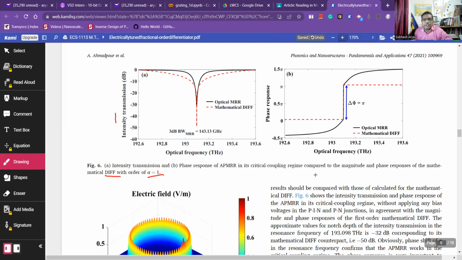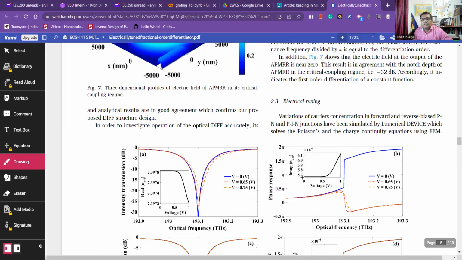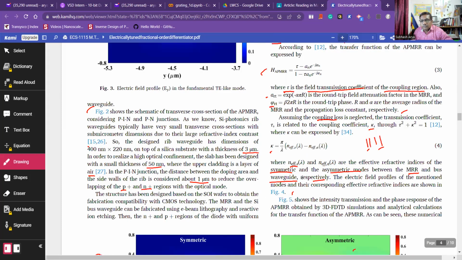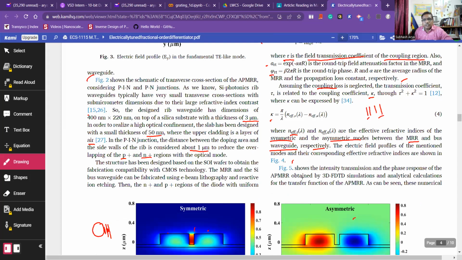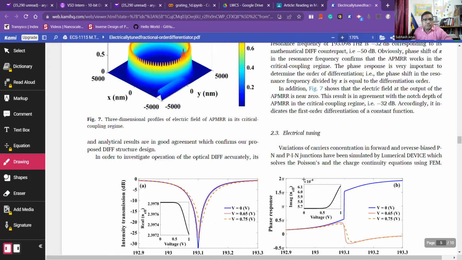Now this is critical coupling, exact coupling, 100%. 3 dB bandwidth. And we see the numerical and analytical results are in good agreement, which confirms our proposed differentiator structure design.